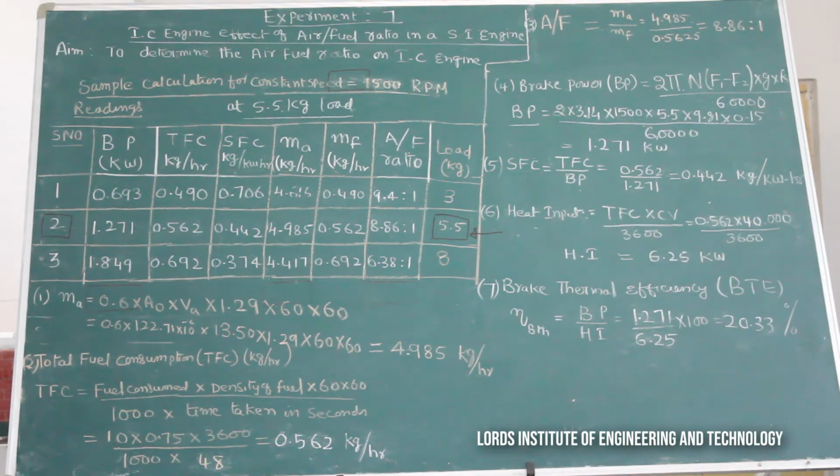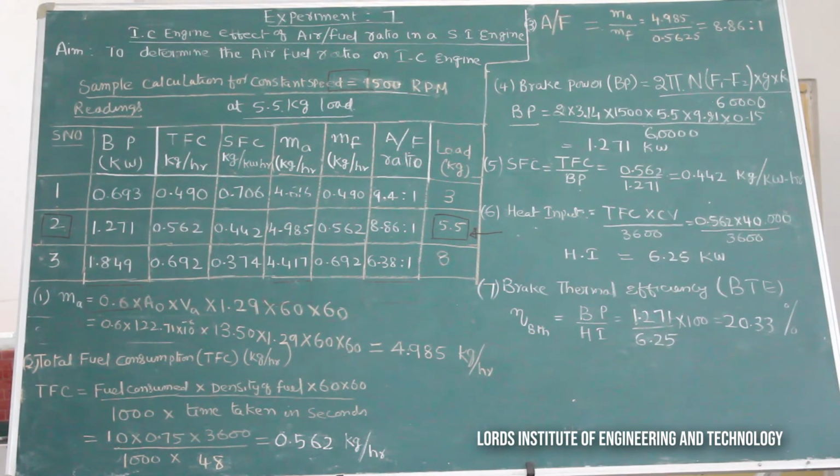What is the calorific value of the fuel? It is the heat energy contained in 1 kg of fuel. If I multiply it by the total fuel consumed and divide it by 3600, I get the heat input in kilowatt. I got 6.25 kilowatt as heat input, because brake power also we are calculating in kilowatt. Similarly, heat input also has to be in kilowatt.